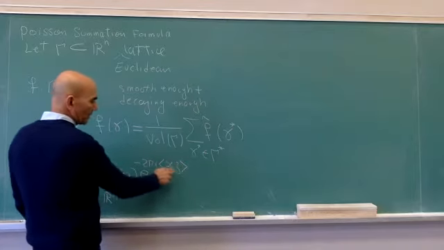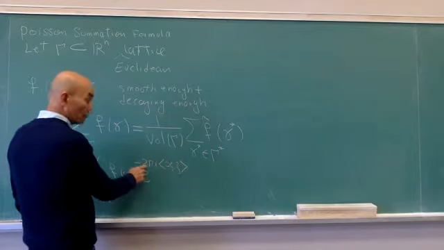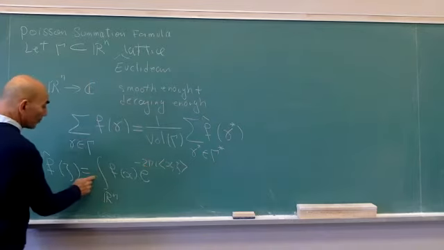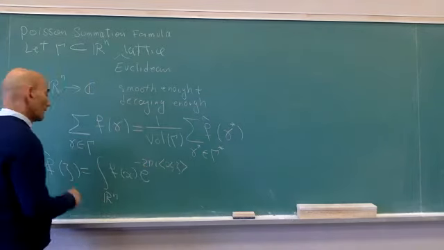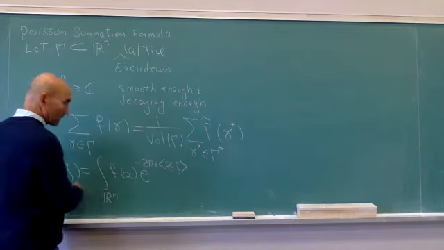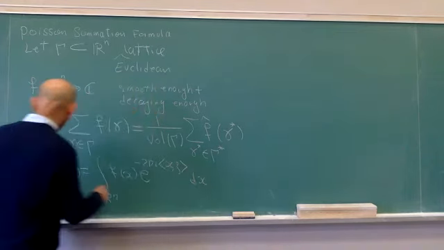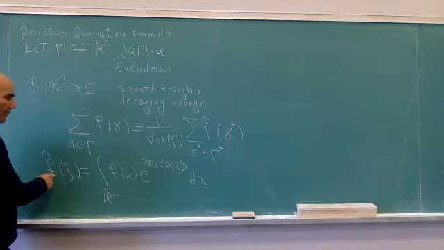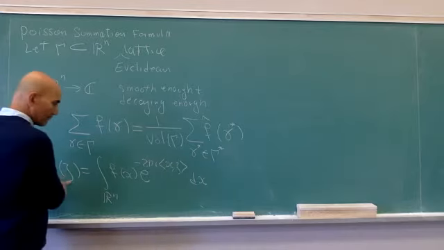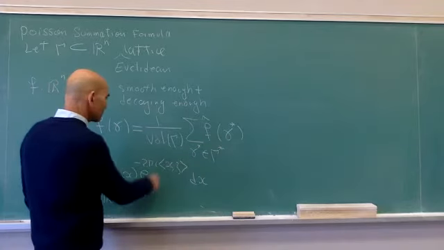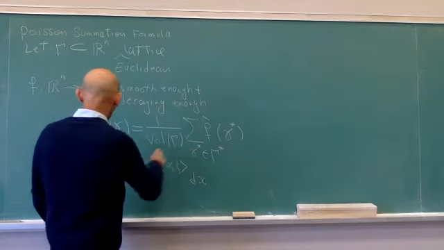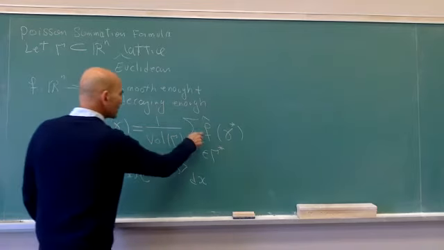This is the real inner product on R^n. Again, you multiply by 2 pi i, and there are no coefficients here as in the last case. So this is the Fourier transform of this function, and this comes into the right-hand side.